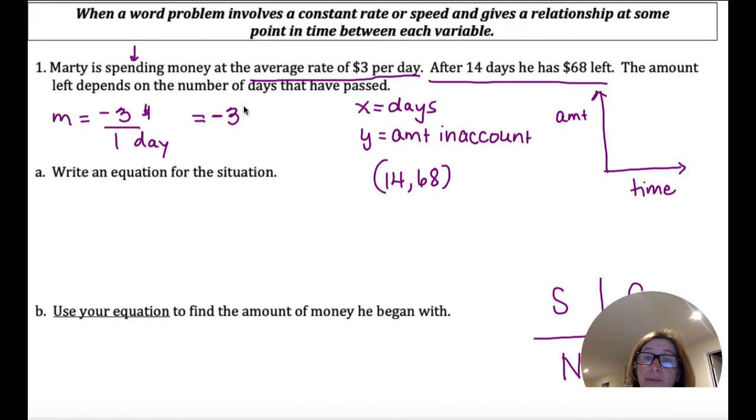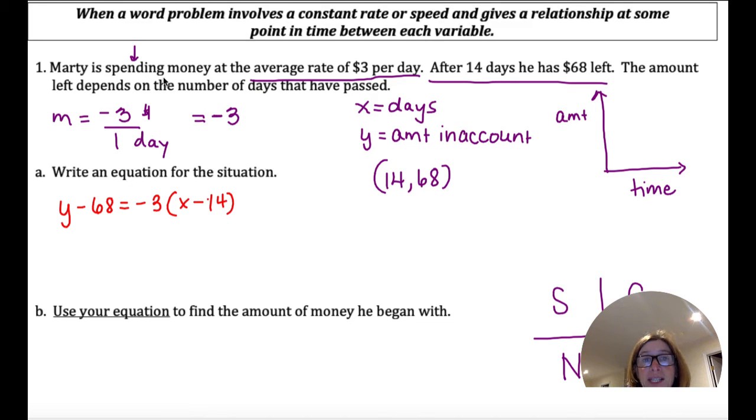All right, here's the great information. I have a point, (14, 68), and I have a slope, -3, so I can use point-slope to write an equation for the situation. So that would be y minus 68 equals -3 times (x minus 14). Now, when we're writing linear models, we really want them in the y equals form or f of x equals form.